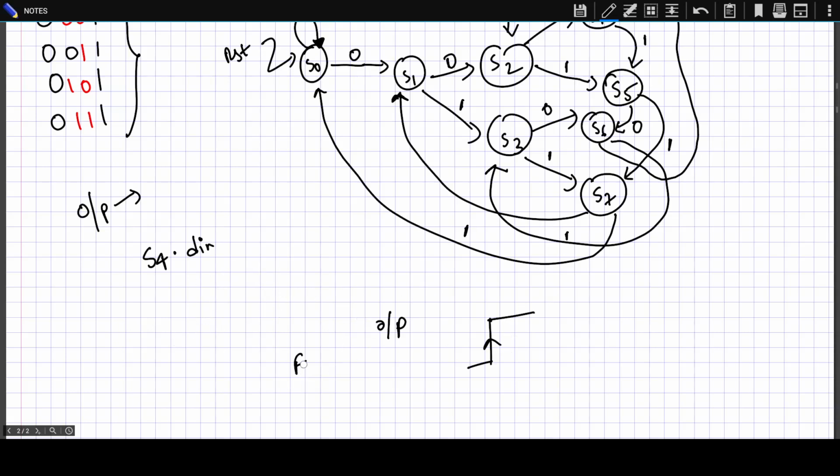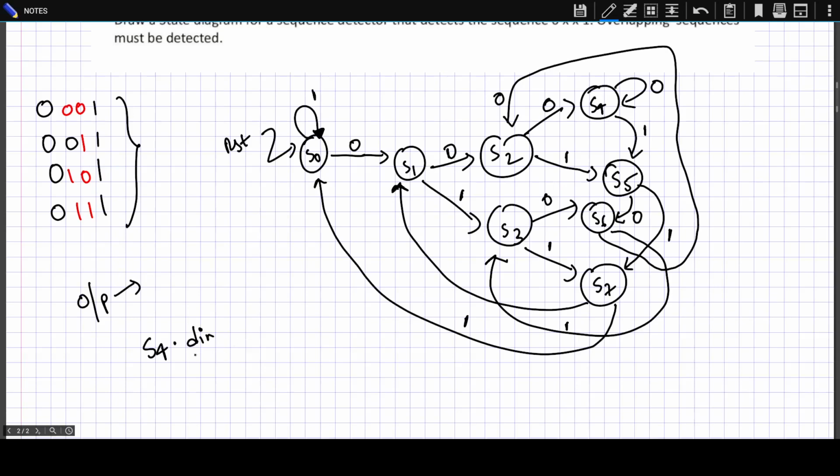So the output equation would be: the output will be asserted high whenever we are in the state S4 and we get the input high, or whenever we are in the state S5 and get input high, S5 times D in.